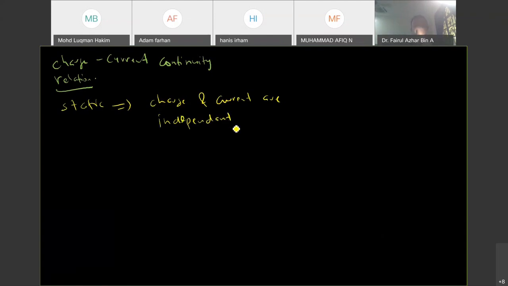If we look into the Maxwell equations, we can separate the charge and the current, as anything that changes with time is equal to zero.